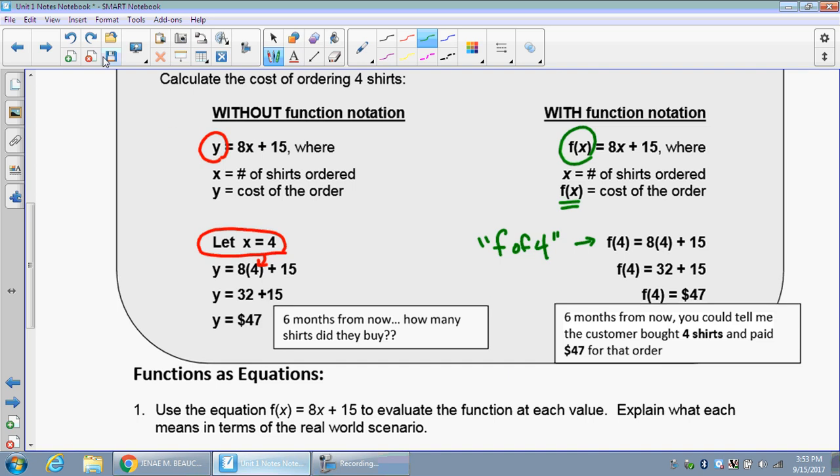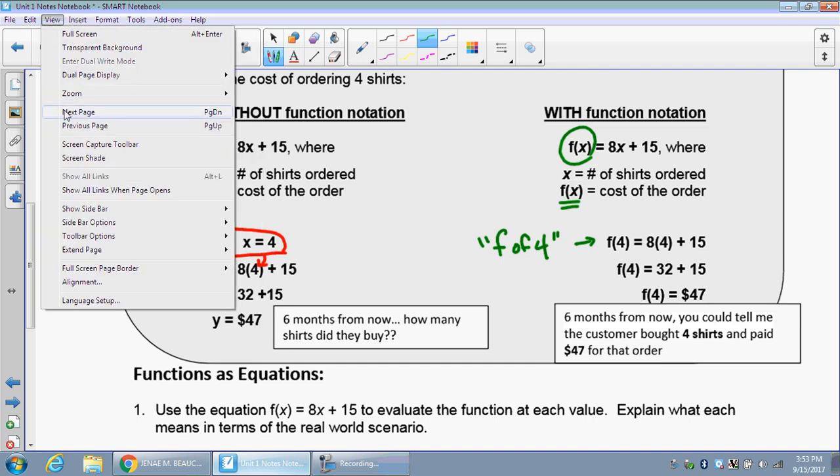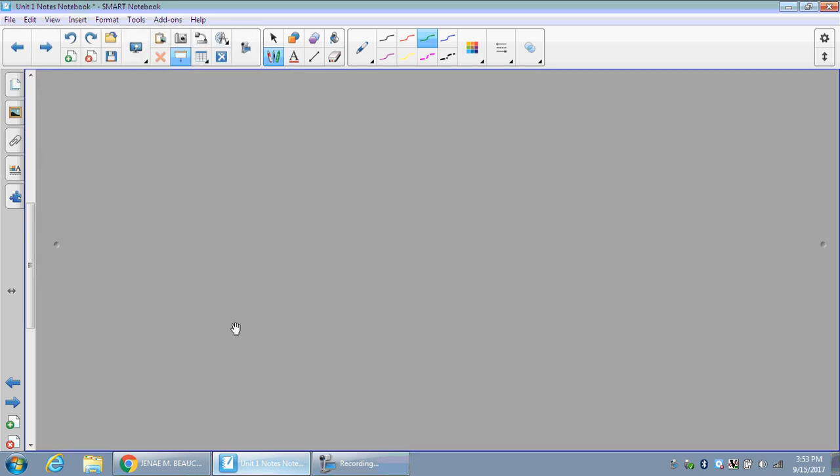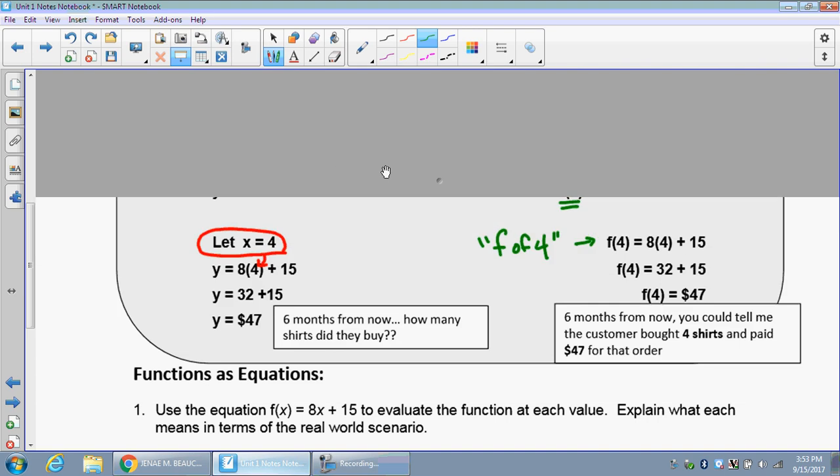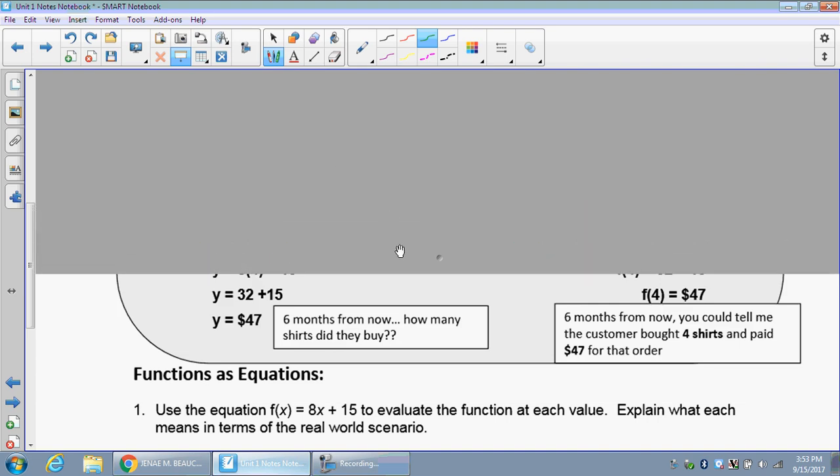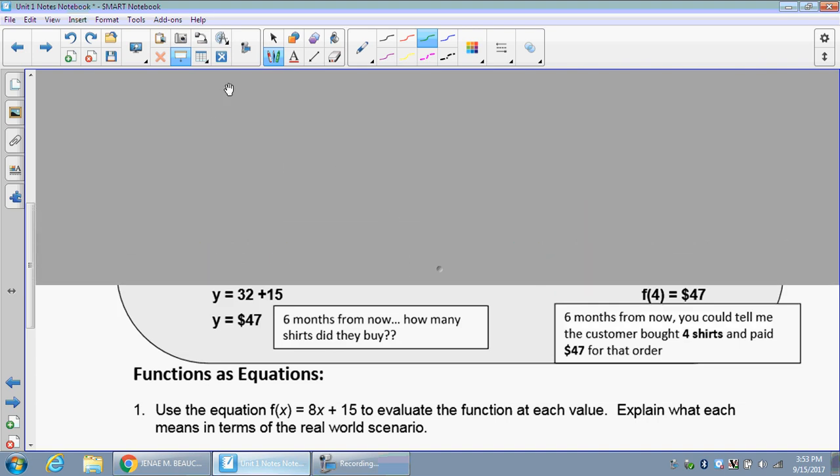But if I put the shade back, and I go like this, if I asked you, and I showed this to you right here, and I said, in 6 months, how many shirts did you buy? 6 months have gone by and I say, this is what you know, how many shirts?